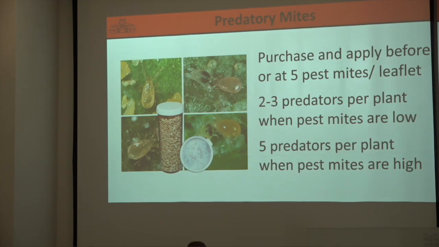Depending on which company you buy them from, they'll have their recommendations for how you spread them. Like this one, you can see they're on vermiculite, so you just sprinkle the vermiculite and it has mites on it. So there are different ways that they distribute them. But yes, that's like the fluid ounces per acre. 5 mites per plant. So how many plants do you have out there? That's how many mites you need to buy.